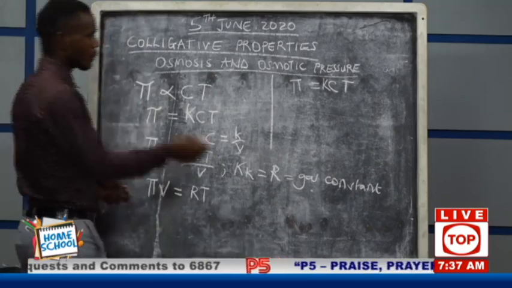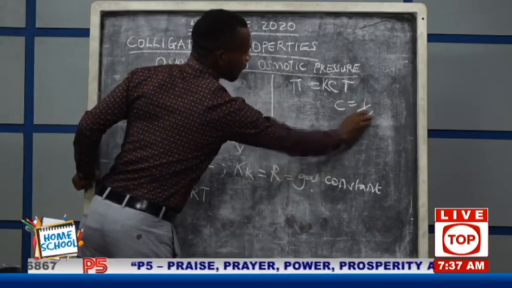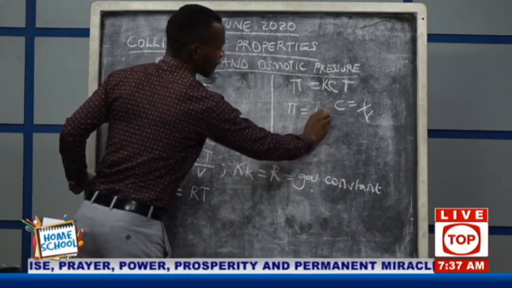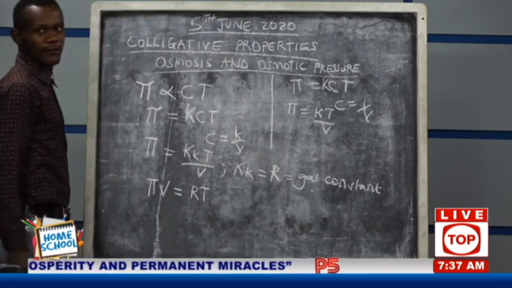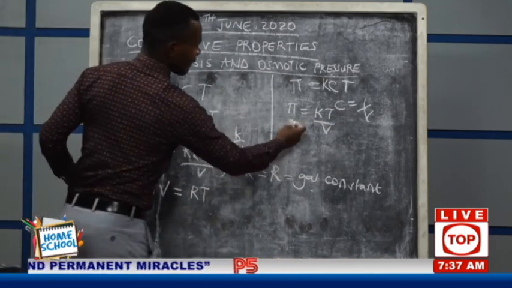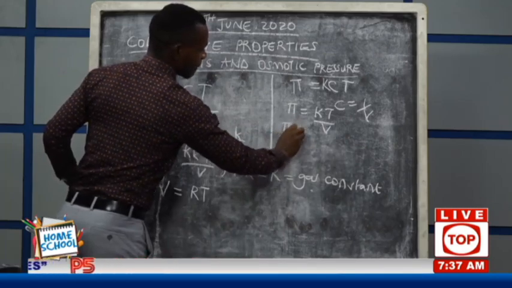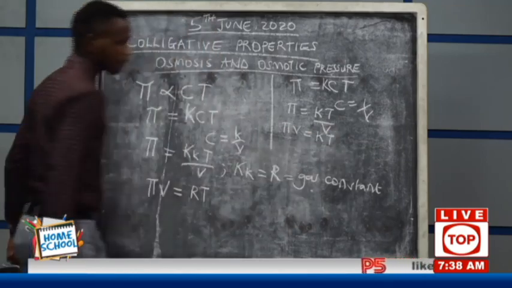So most people say C is equal to 1 over V and put it there: pi is equal to K T over V. They multiply this side and say it is pi V is equal to KT.